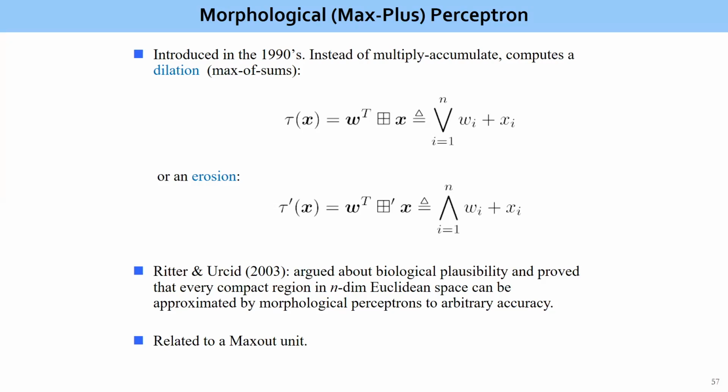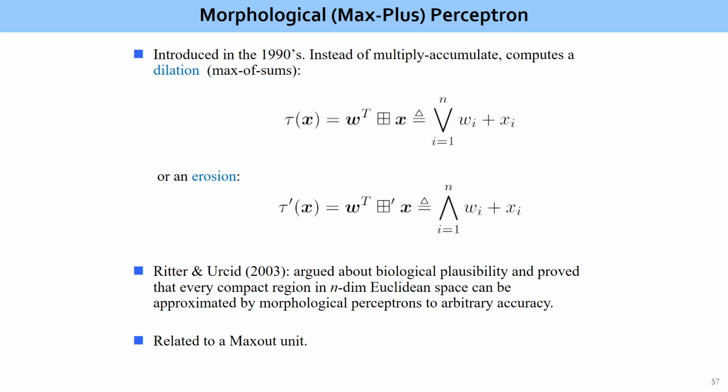It simply uses a nonlinear combination of the inputs. Instead of using a linear combination, it uses a max-plus combination. The unknowns to be found here are the weights W. Or we can use a dual perceptron, which is an erosion, a min-plus.